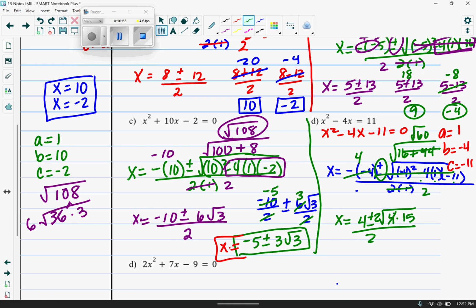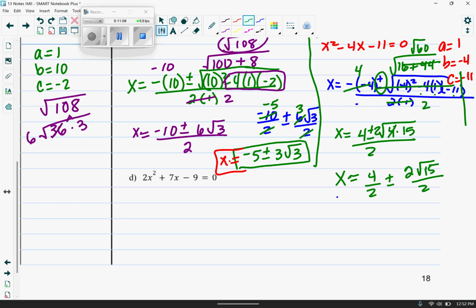So we really have x equals 4 over 2 plus or minus 2 radical 15 over 2, which then gives me x equals 2 plus or minus radical 15.